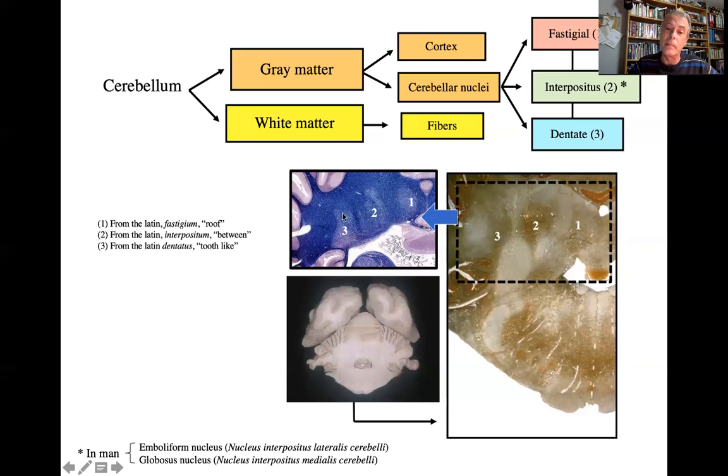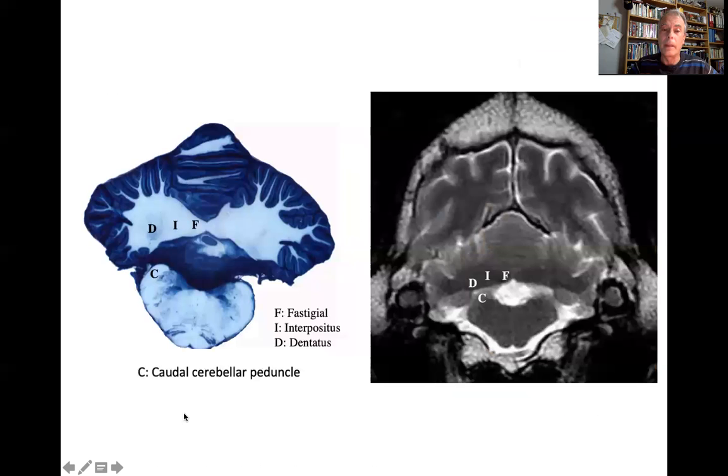Remember the development, okay? So, can we identify these nuclei? Well, it's difficult to see them on MRIs. However, we know where they are. This is a Mulligan staining, and we see these bluish areas that correspond to the cerebellar nuclei.